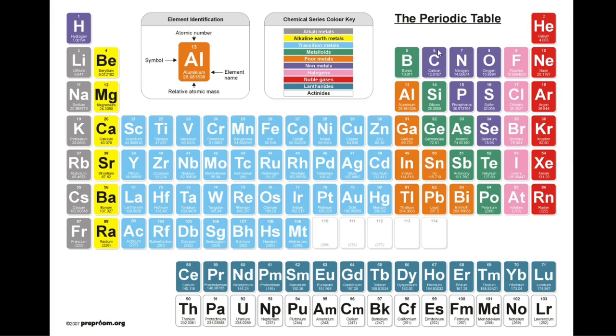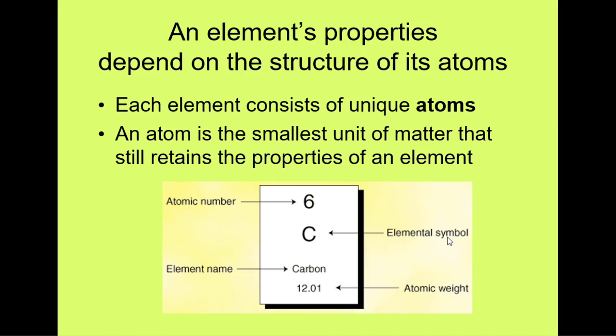So if this carbon atom had 7 protons, it wouldn't be carbon anymore, it would be nitrogen. If it had 5 protons, it would no longer be carbon, it would be boron. If it had 8, it would be oxygen, and so on and so forth. So it's the number of protons in the nucleus of that atom that determines which element it is an atom of.